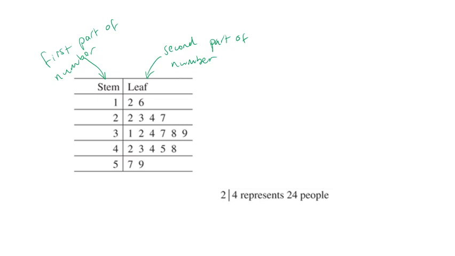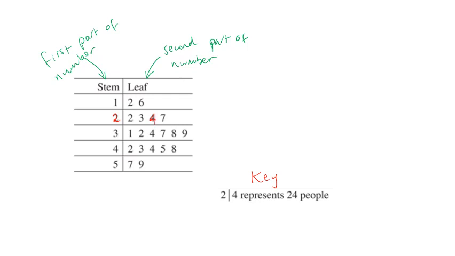Down the bottom here, we've got the key, and it tells us how to read the plot. So if we've got 2 in the stem and 4 in the leaf, that's telling us that's 24 people. So that is here. If we've got a 2 in the stem and a 4 in the leaf, that's 24.